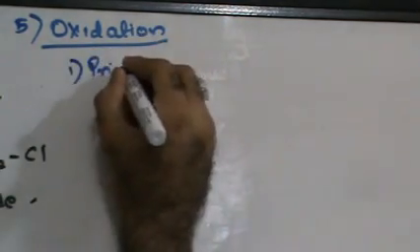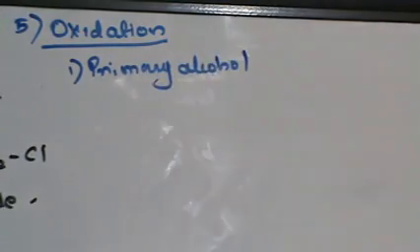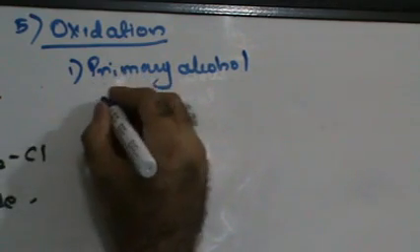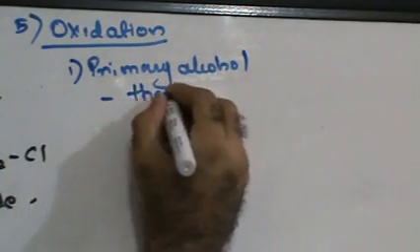So, let's see oxidation of primary alcohols. Primary alcohols get easily oxidized. They readily undergo oxidation to form the corresponding aldehyde and then carboxylic acid having the same number of carbon atoms. So that's the distinguishing characteristic of oxidation of primary alcohols. They are easily oxidized.